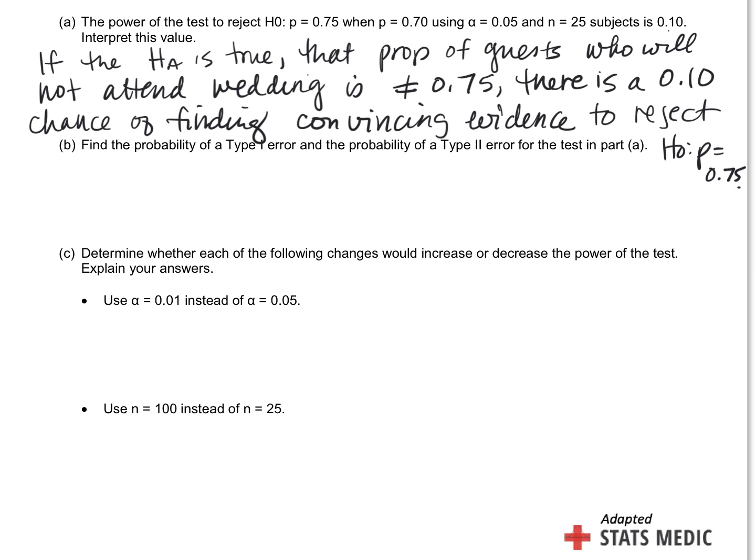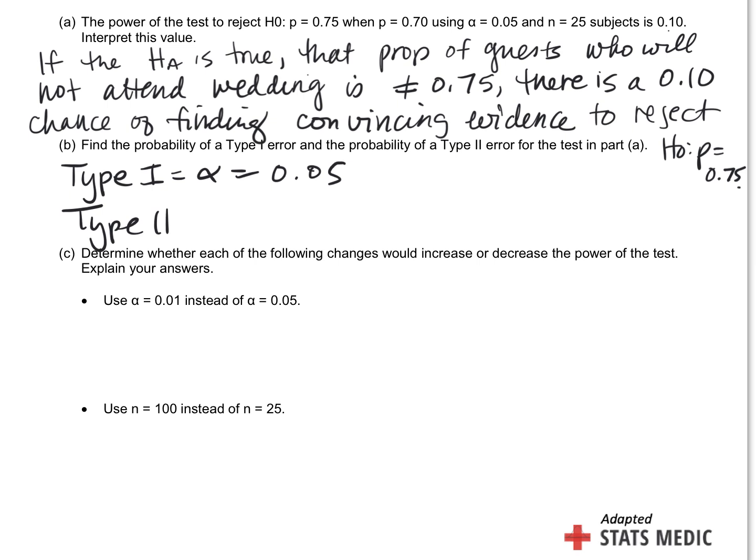Okay? Find the probability of a type 1 error and the probability of a type 2. Okay, so type 1 we know is just alpha. What is the alpha value for this scenario? 0.05, because it doesn't state anything else, right? So 0.05.